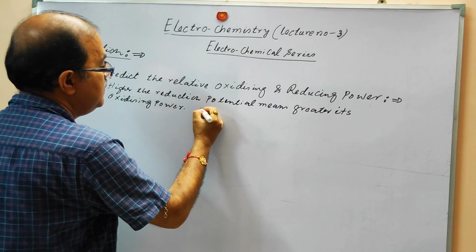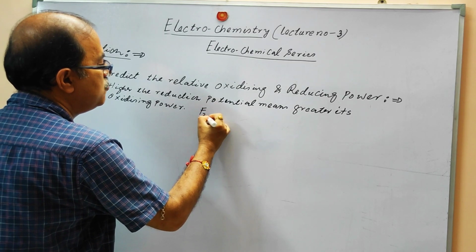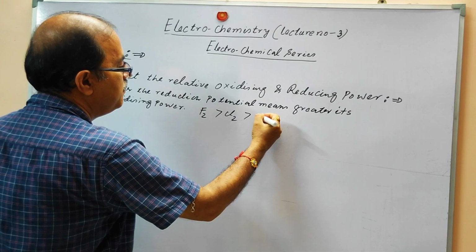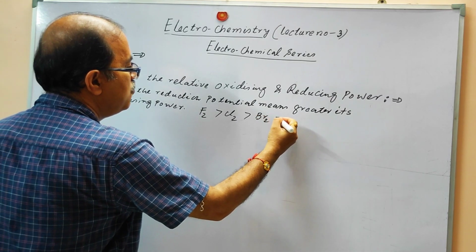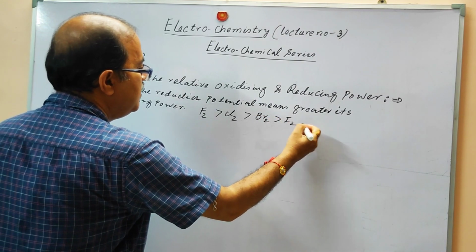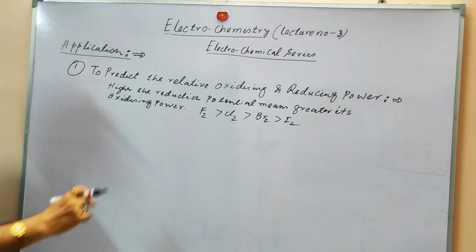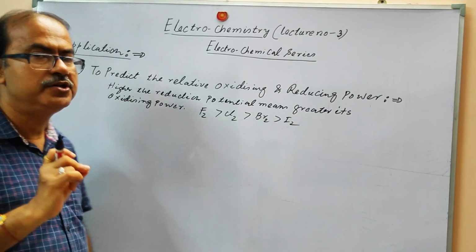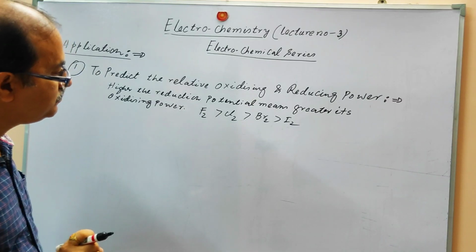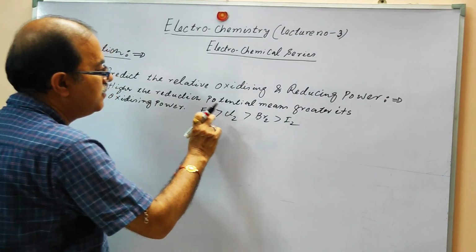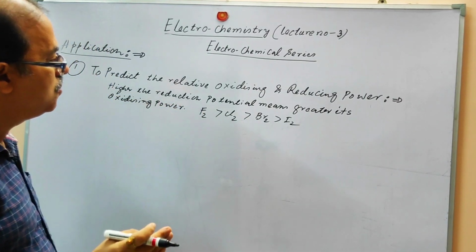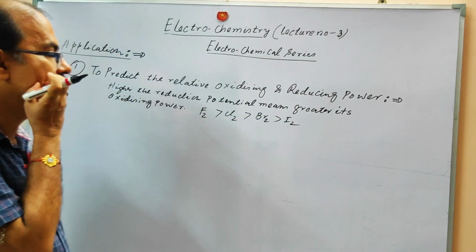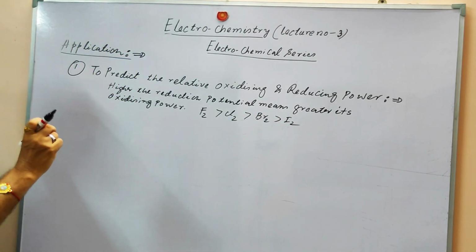So we can say fluorine has the highest oxidizing power, followed by chlorine, followed by bromine, and followed by iodine in the halogen group. You can see fluorine has the highest electrode potential, whereas chlorine is next, followed by bromine and iodine. That is a very important thing.